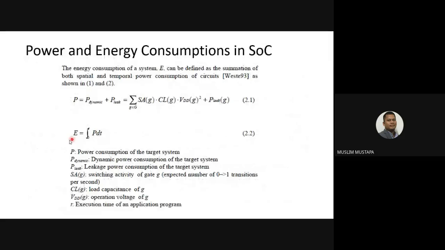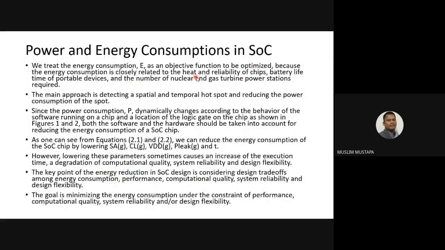Because the energy consumption is so closely related to heat and reliability of chips, the battery lifetime of portable devices, and the number of nuclear and gas turbine power plants actually required. So these are all the theoretical things. Since the power consumption P dynamically changes according to the behavior of the software running, like I said, the dynamic power depends on that.